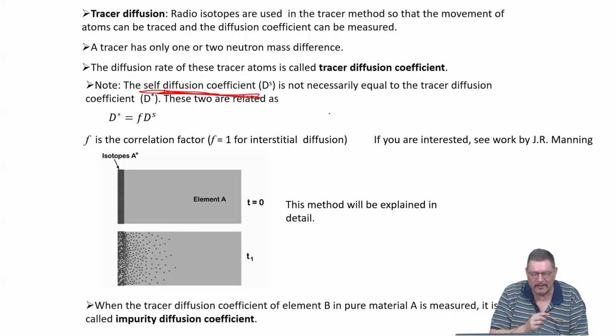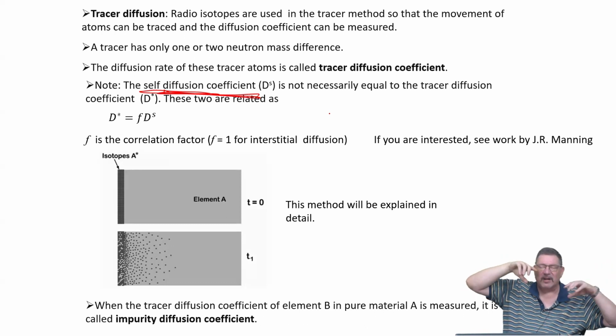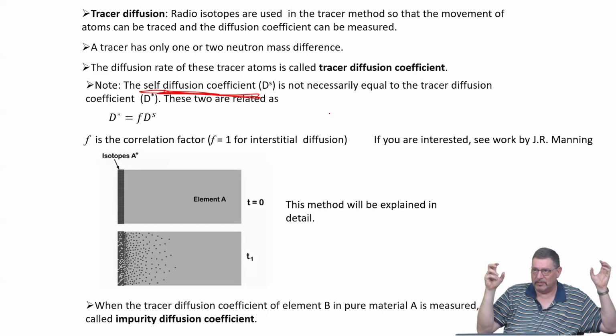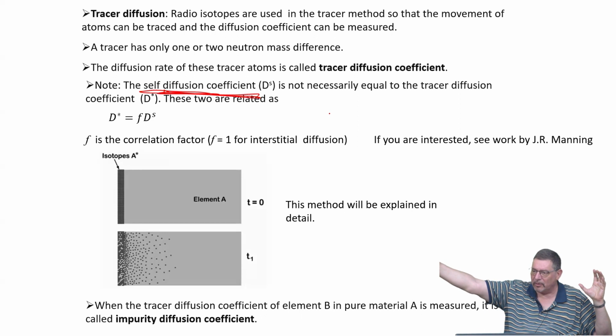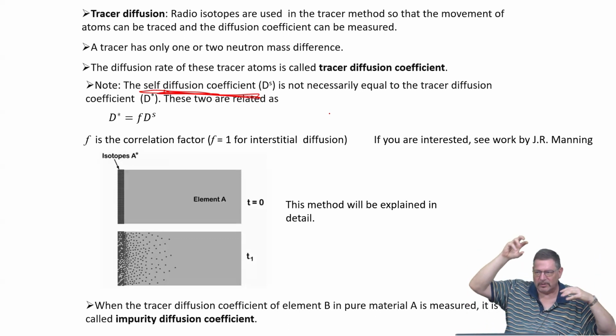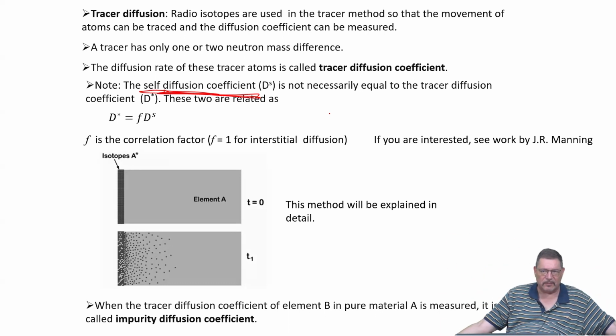It's the same if it's interstitial diffusion, because there the interstitial lattice is symmetric about the position where the atom starts. It can go in any direction. So the correlation factor, meaning how the effective diffusion length after a certain number n of jumps compares to the random walk, is unity, because you have no preferential direction. There's no coupling with the lattice because the interstitial lattice is just there.